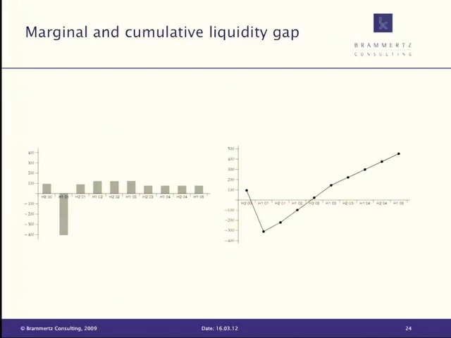He is especially interested in the cumulative gap, because the first dangerous point is if that turns negative. What does this reflect? It means that from the existing position, I have more outflow than inflow. In normal times, that's not a problem. But if the market stops, that's basically the survival period. That's the period you can survive on your own.